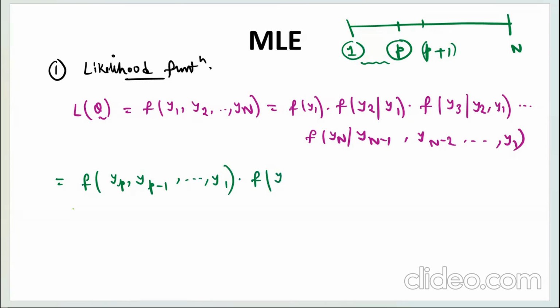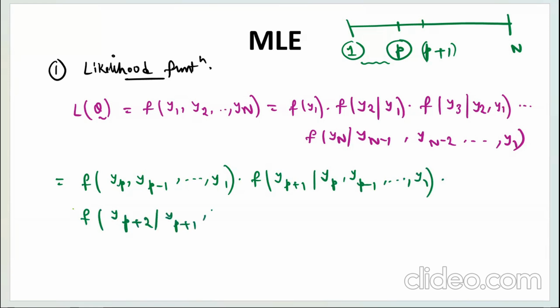f of yp plus 1 given yp up to y1, and then write f of yp plus 2 given yp plus 1, yp, up to y1, and in the same way it goes up to yn given yn minus 1, yn minus 2 up to y1.